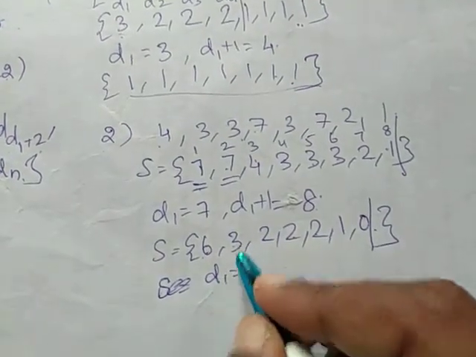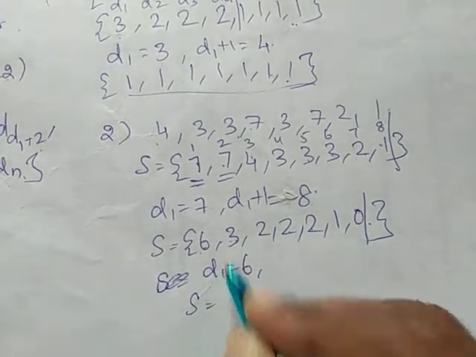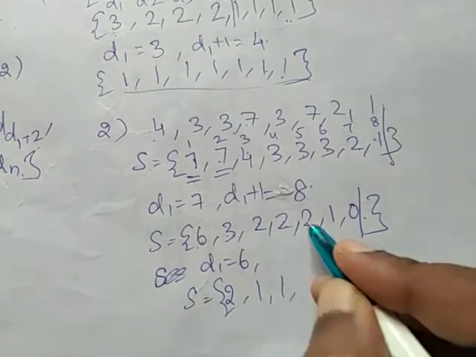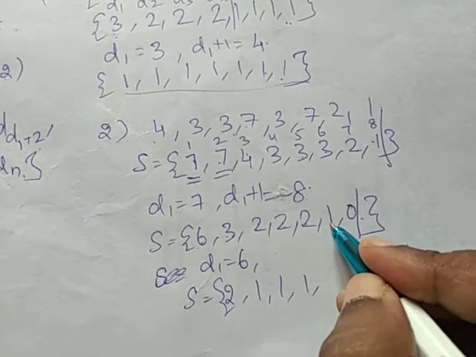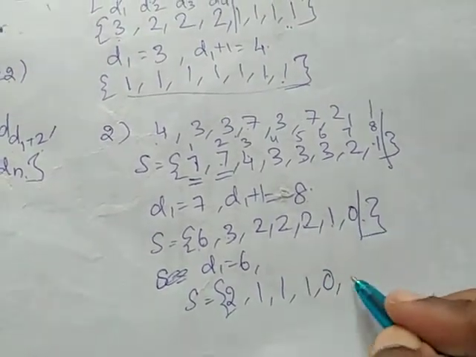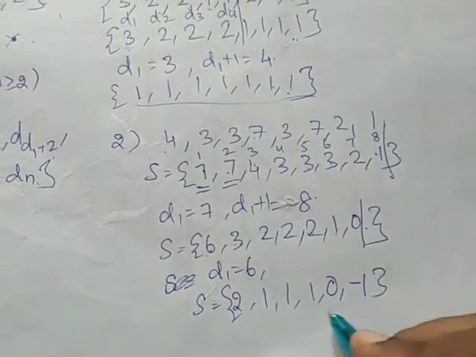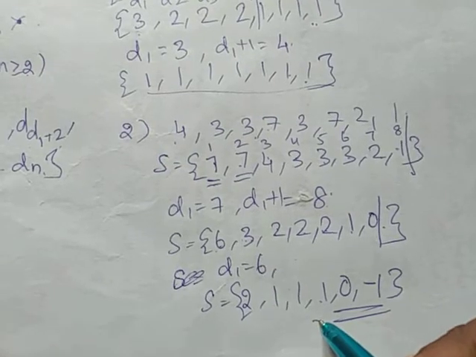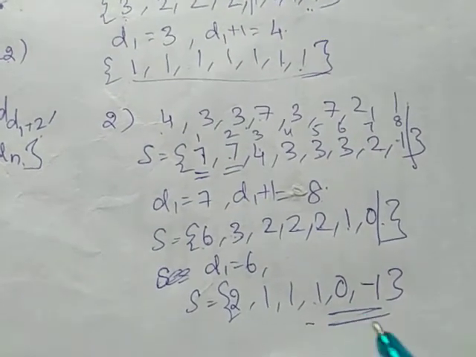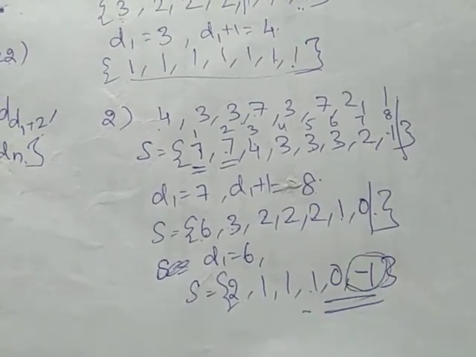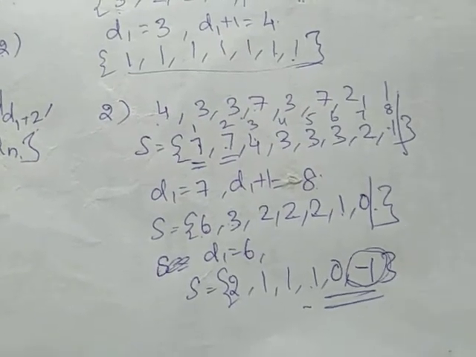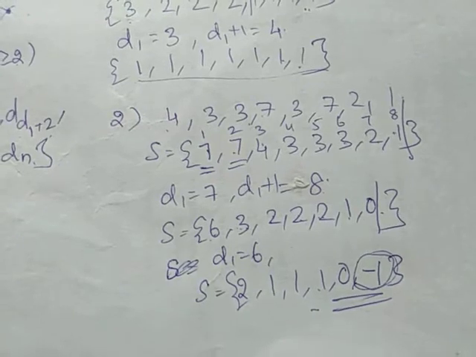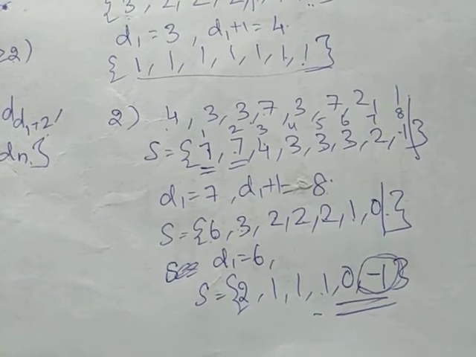When we apply here, 3 minus 1, 2. 2 minus 1, 1. 1, 1. 1 minus 1, 0. 0 minus 1, minus 1. Here we are getting a negative. Therefore, this sequence is not graphical because we are getting a negative integer. Whenever we get a negative integer, we should not consider it graphical. It is non-graphical.